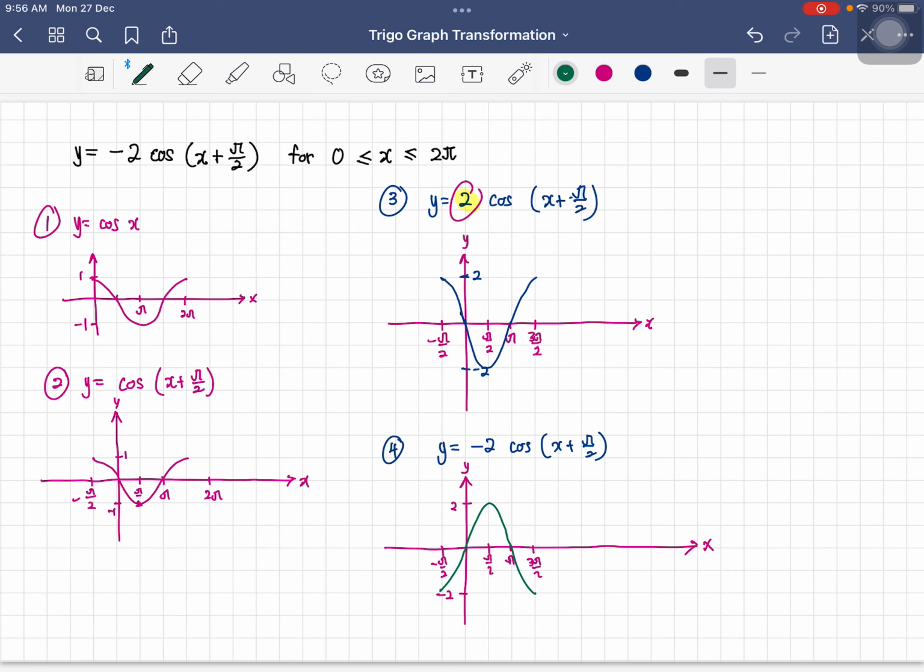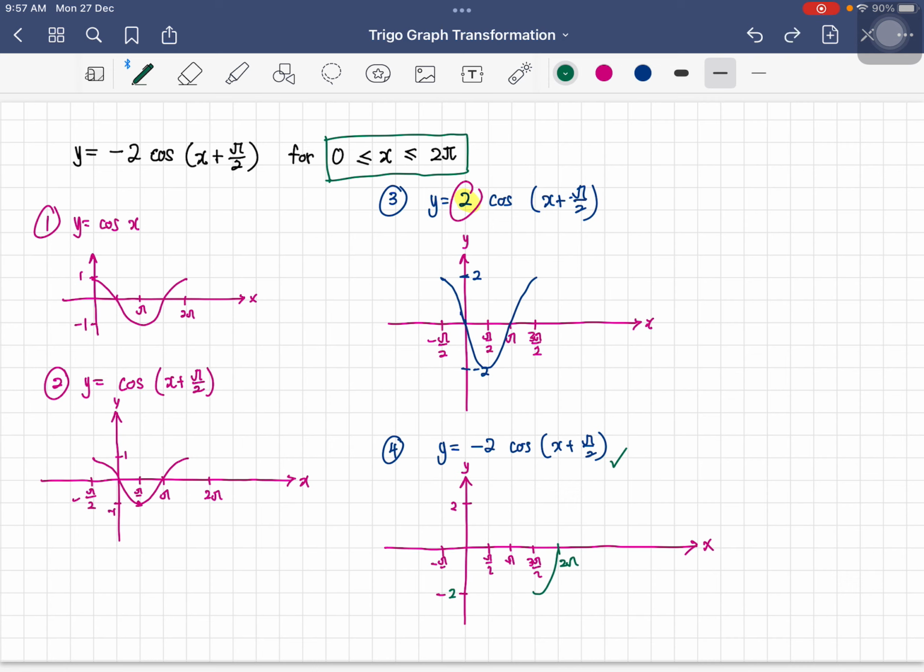So I've already obtained this one, but read carefully. The question asks you to sketch from 0 until 2 pi, which means that you just need to sketch this part. You just need to start from this until 2 pi, but you should not include the first part here. So this one should not be included. Therefore, this is -2, so it will be something like this.